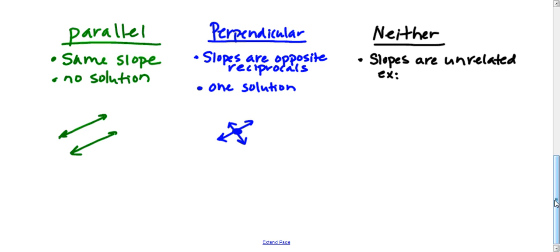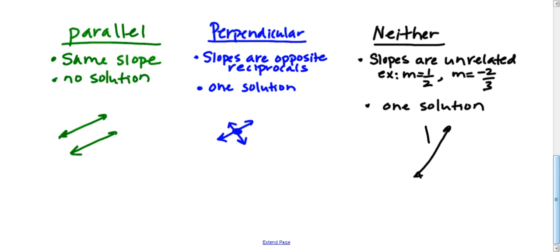So for example, I might have one slope that's 1/2 and the other slope that's negative 2/3. Okay, they're not opposite reciprocals or anything. They also have one solution, and I'll show you what that looks like here. That would be a line that looks like this. They cross, but they're not perpendicular. Okay, so that's that situation.